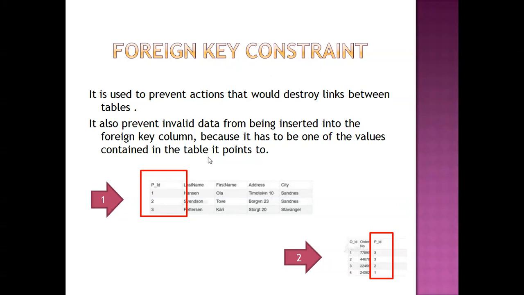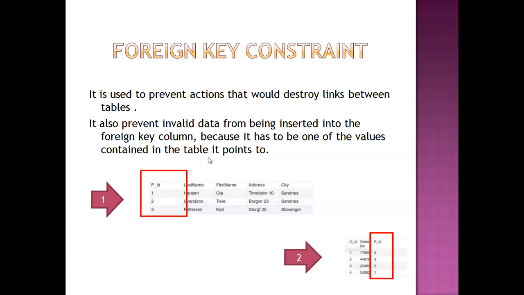In table number one, I have columns like ID, last name, first name, address, and city. In table number two, I have only the parent ID and some order number and order ID. So I can see clearly my foreign key column is PID, which is the same in both tables.